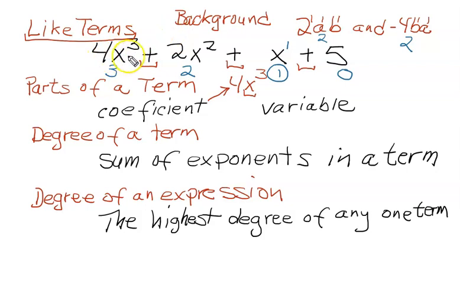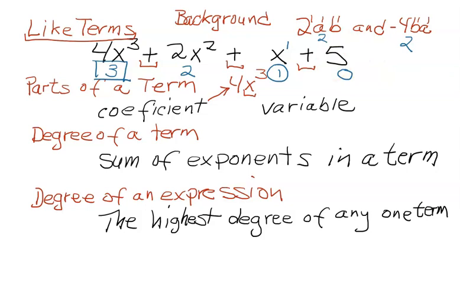So as we look at this term, 3, this is 2, this is 1, this is 0. So in this expression, what's the highest degree of any one term? And if you said 3, that would be the degree of this expression.